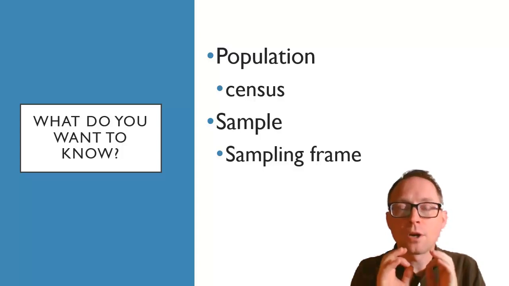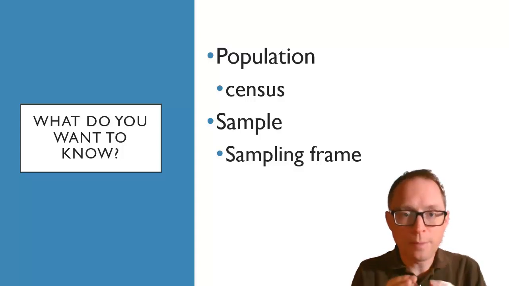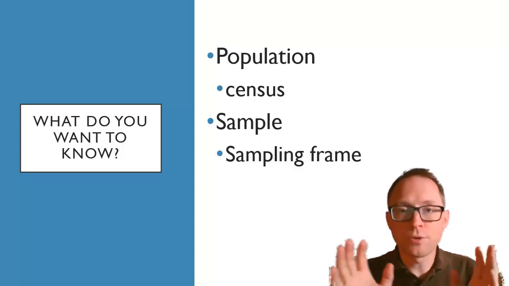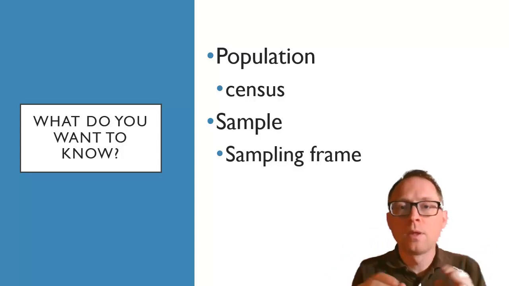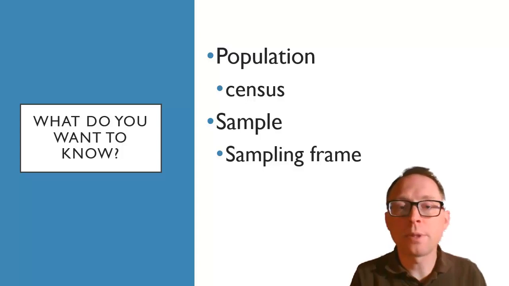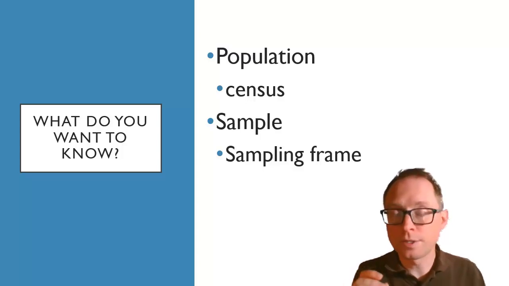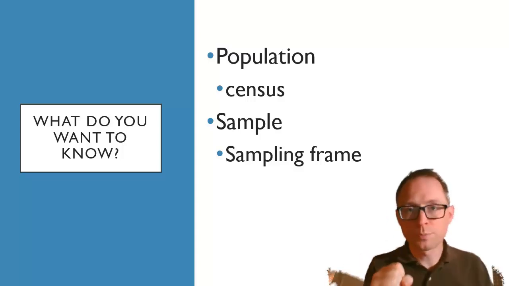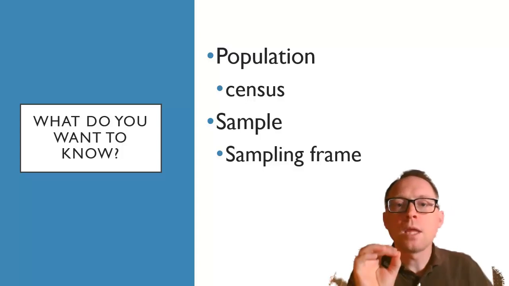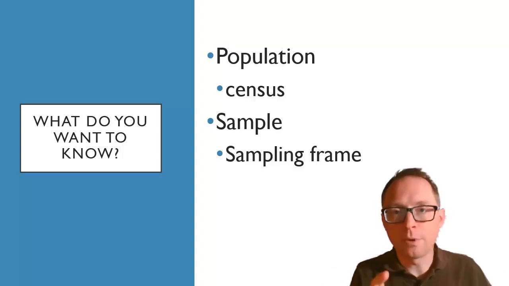Now, there are different ways that you can sample. This entire chapter is on different ways that people can sample. The first thing you need to know, though, is the definition of something called a sampling frame. And this is crucial because people get mixed up on this. If you want to take a sample and you want it to be representative, almost always you need a sampling frame.